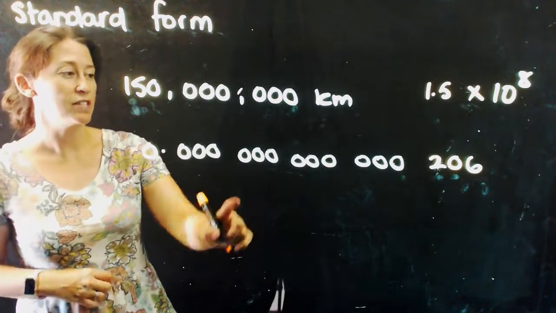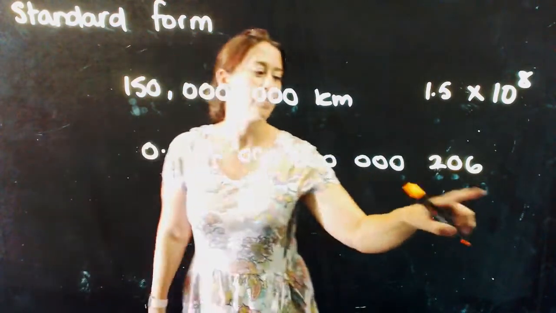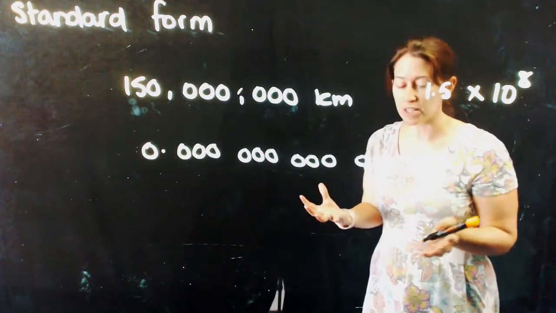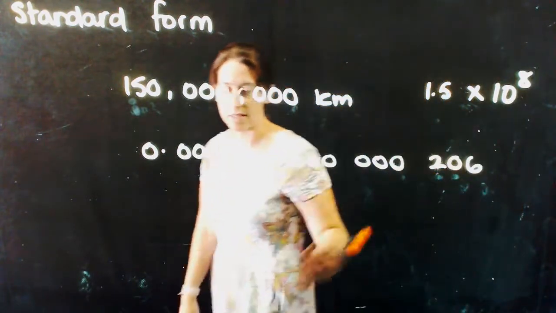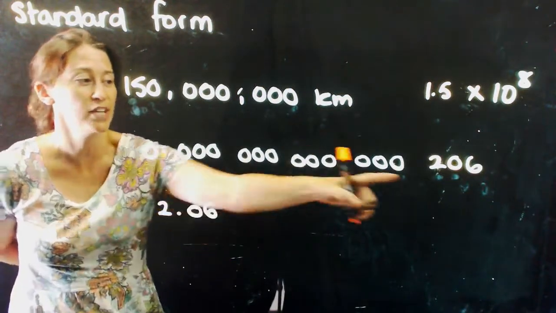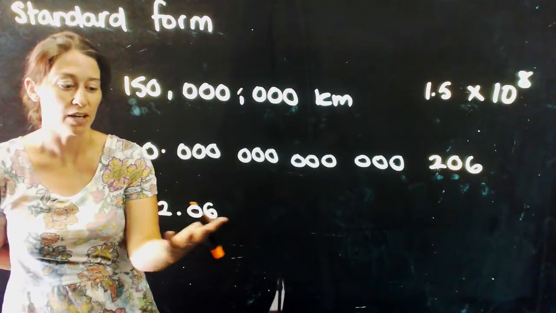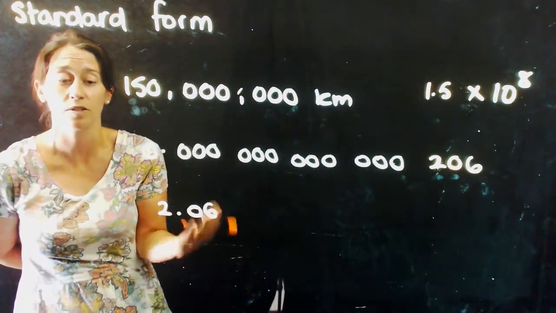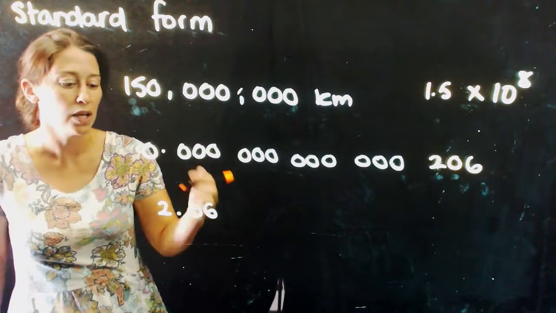Now, let's look at this very small number. We've got 206 as our significant figures, and I need to find a number that's greater than 1 but less than 10, so I'm going to choose 2.06. I can't change the order of the digits, but I can put the decimal point somewhere where it's going to be greater than 1 but less than 10.